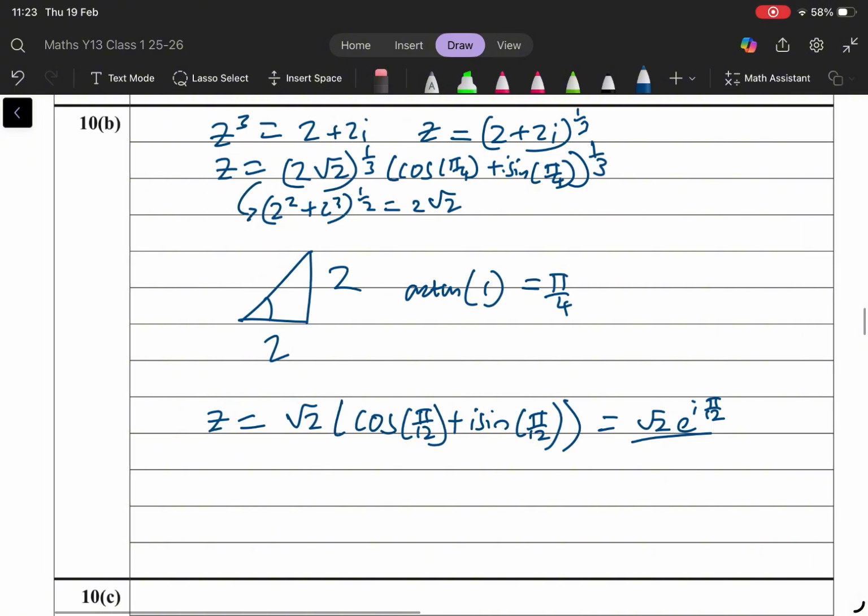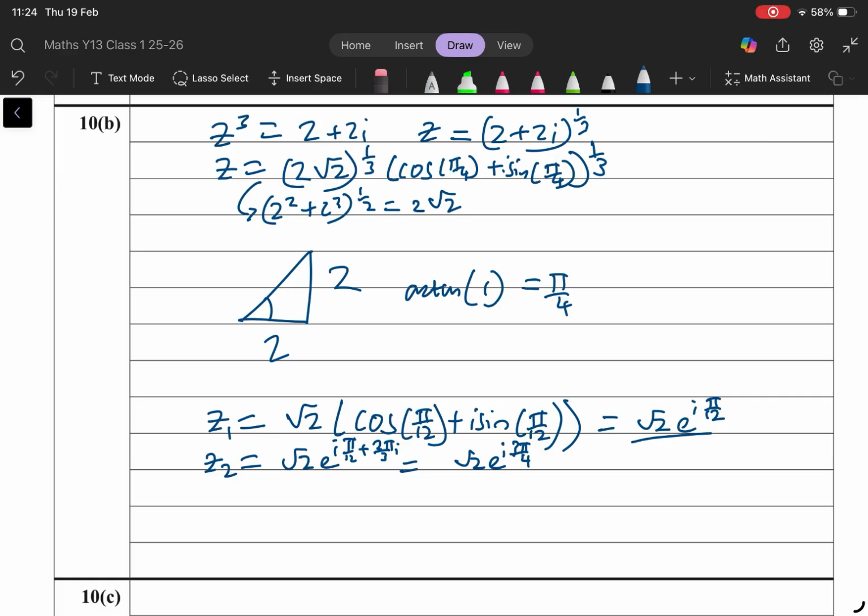And then z2 will give us root 2 e to the i, pi over 12 plus 2 pi over 3, which equals root 2 e to the i 3 pi over 4.